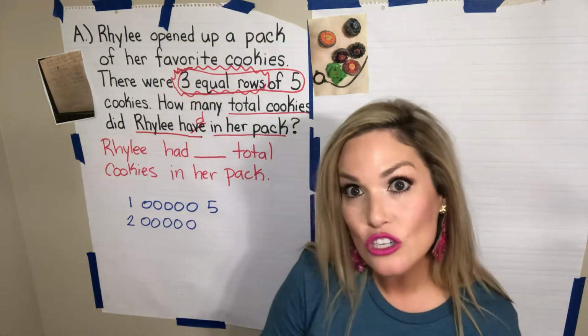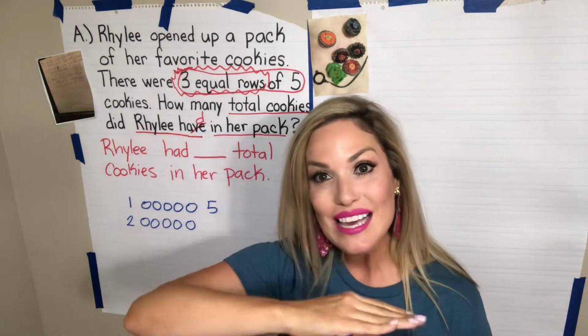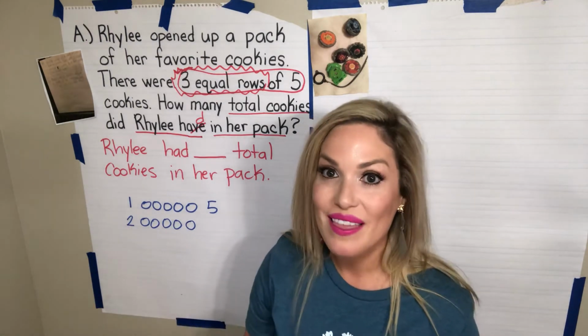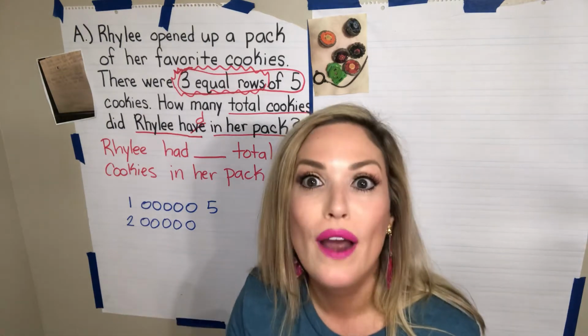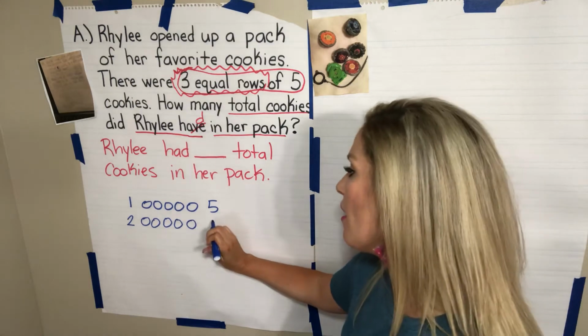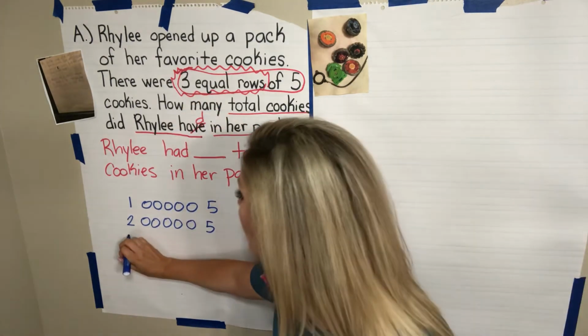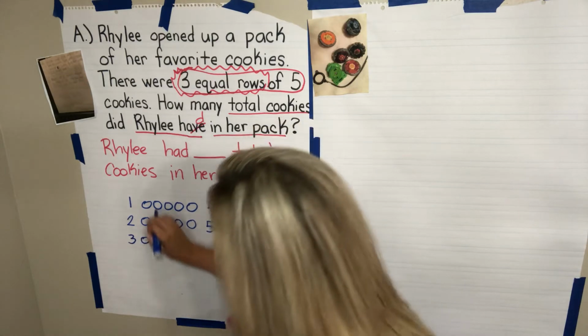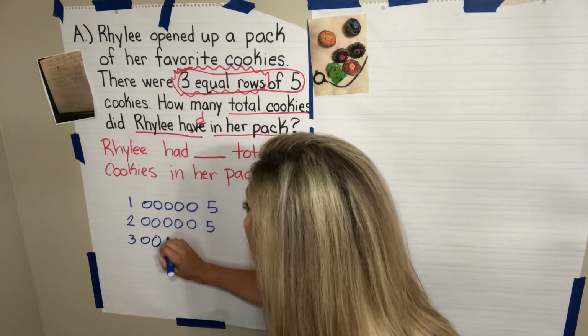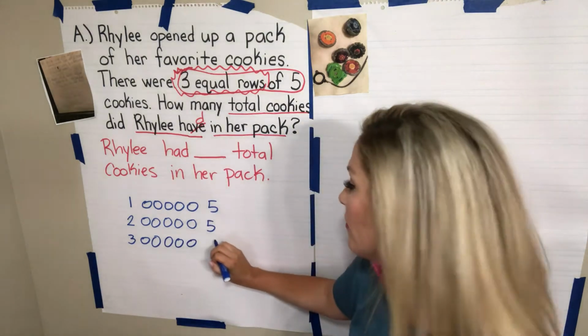I'm going to arrange these cookies into rows and put them equally to make an arrangement that we call an array. Okay? So 1 row of 5, 2 rows of 5, 3 rows. I like my labels. 1. See if I can line them up. 2, 3, 4, and 5.